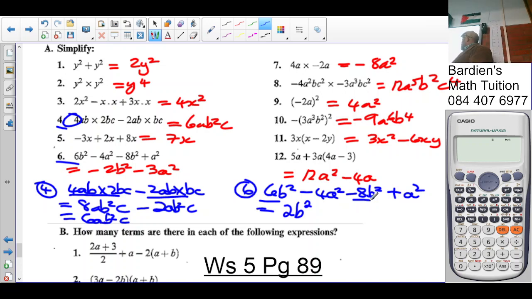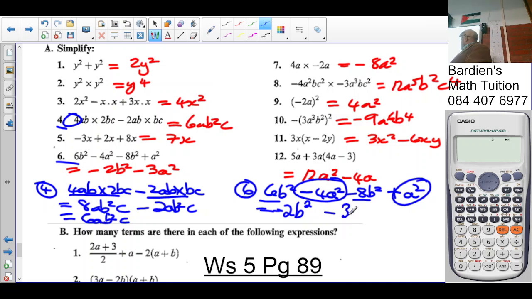Because what is 6 minus 8? Got your number line? 6 minus 8. Negative 2. You see that? And what's minus 4a squared plus 1a squared?